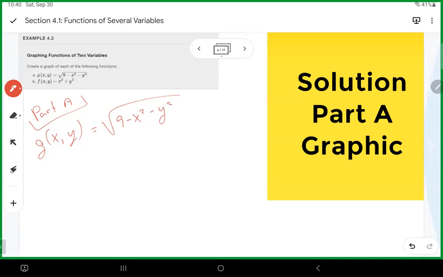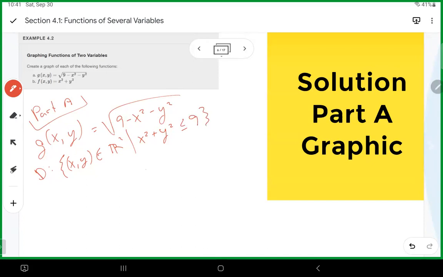Okay, so from the first example, we determined that the domain was the set of x, y in R squared such that x squared plus y squared is at most 9.